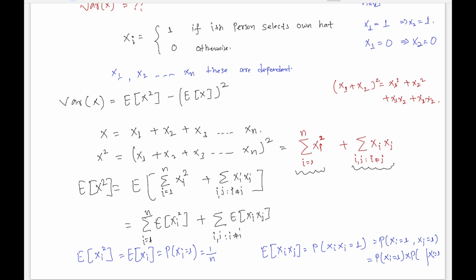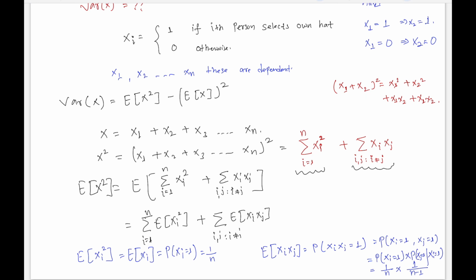When xi takes the value 1, that means the ith person picks their hat, and the probability of that is 1 divided by n. Now we have a total of n minus 1 possibilities, and out of that the jth person picks his hat, the probability of which would be 1 divided by n minus 1, right?